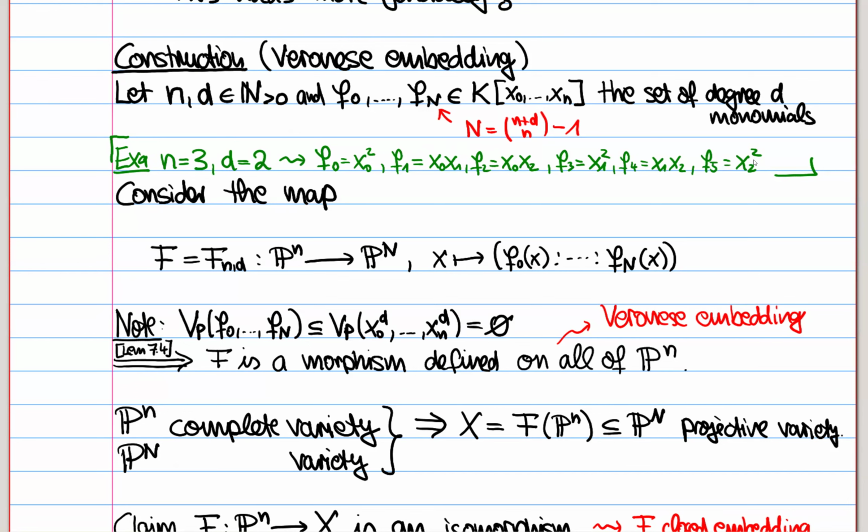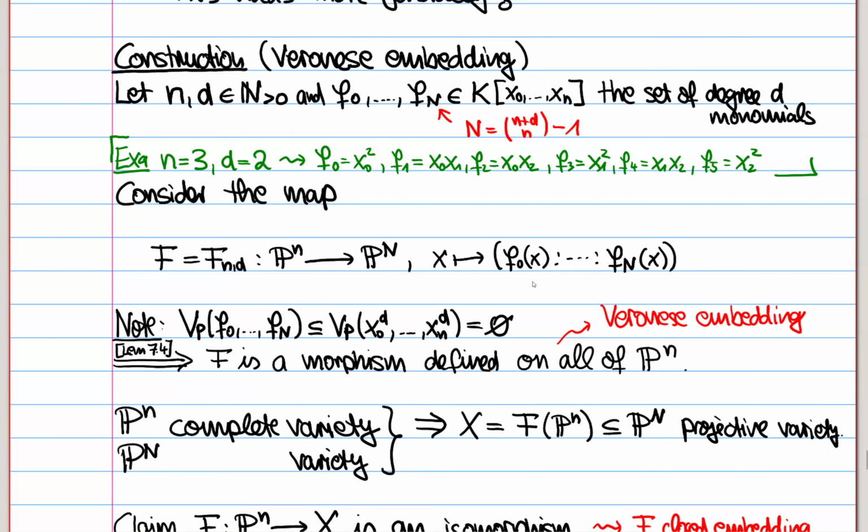It's not so important. And then we can consider the map F from Pn, small n, to P big N, which takes x and just sends it to this vector, where we just evaluate all of these degree d monomials on x. And the first note here is that we claim that this morphism is actually defined everywhere.